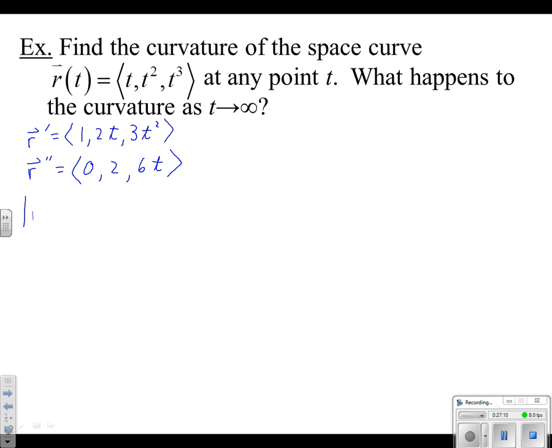We need the magnitude of r prime, so let's throw that out here right now. That would be the square root of 1 plus 4t squared plus 9t to the fourth. We need r prime cross r double prime, so let's do that real quick.